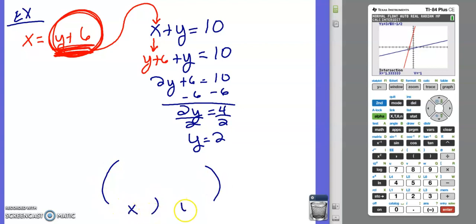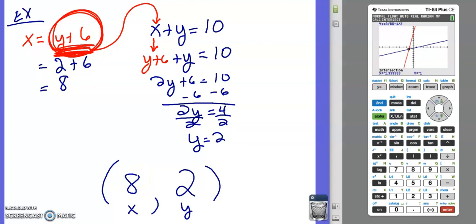We're trying to find a point that if I graph this first equation, if I graph the second equation, they would cross at a certain point. And so the y part of that point is 2. And then if I substitute 2 in for y, notice I'm going to get 8 for x. So 8, 2 is the answer.